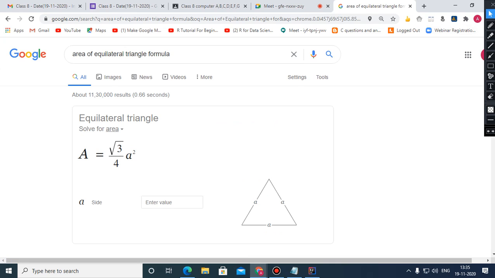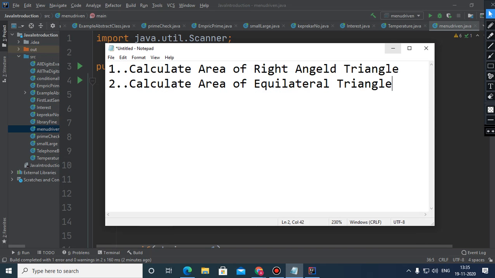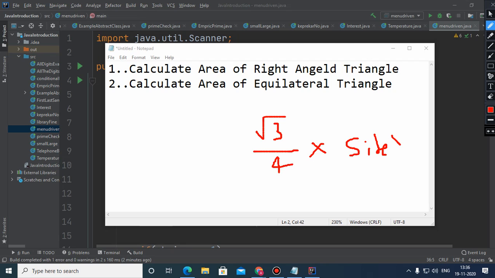This is the formula. Root 3 upon 4 into side into side. This is the formula you can apply. So if you want to ask anything, you just ask.